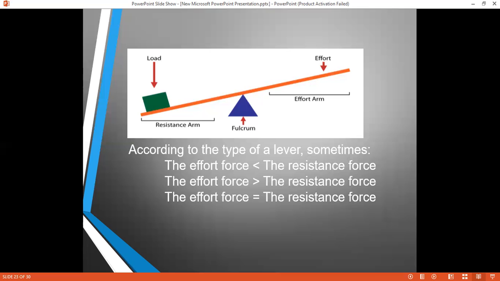According to the type of lever, sometimes the effort force is less than resistance force, sometimes more, sometimes equal. We're gonna study in detail each case and what happens to the lever, whether it saves effort or not.